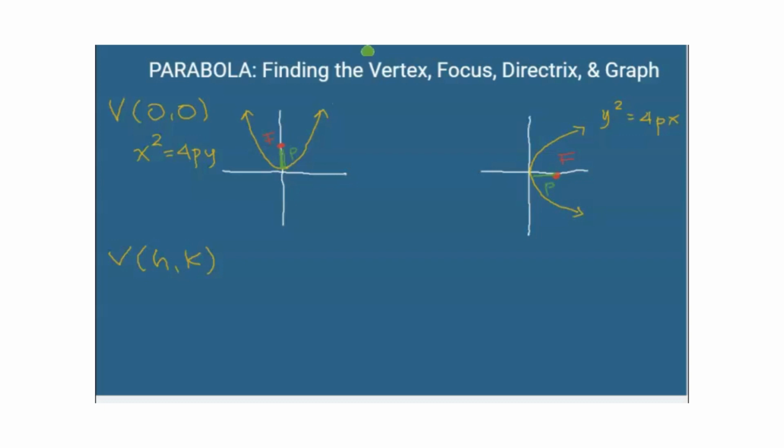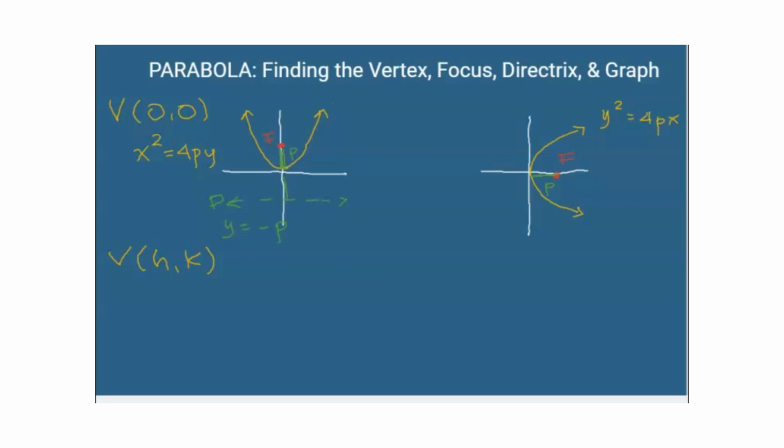Now, if we go p units to the opposite direction, then we will have the directrix. Here, this is our directrix. So the equation of our directrix would be y equals negative p.